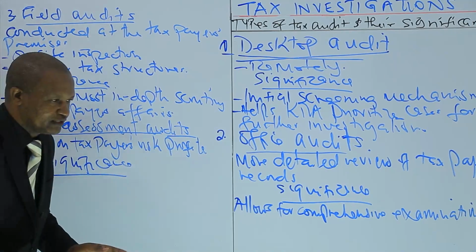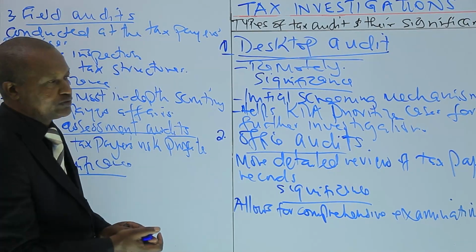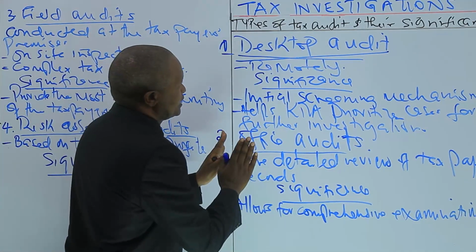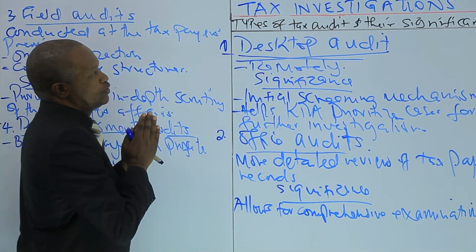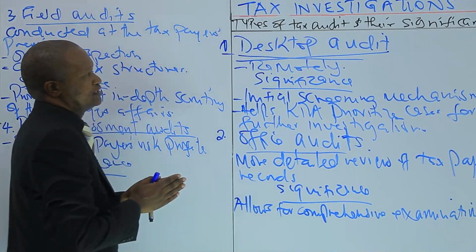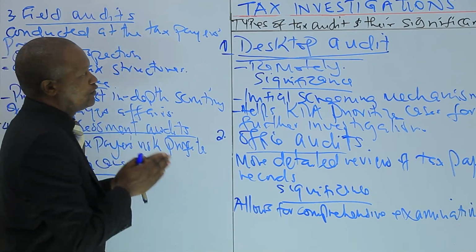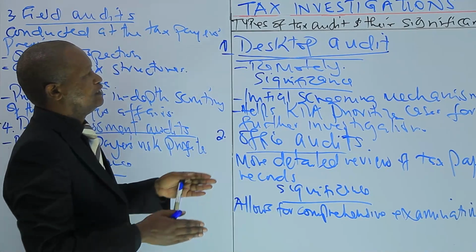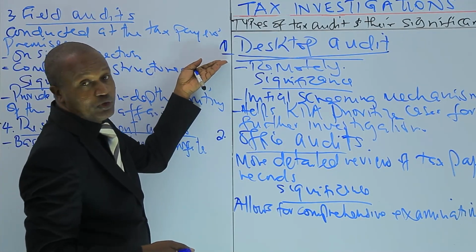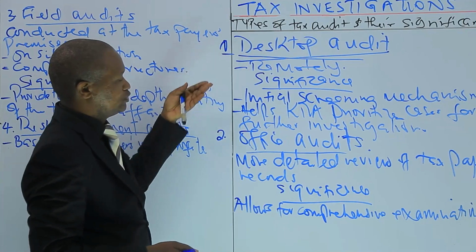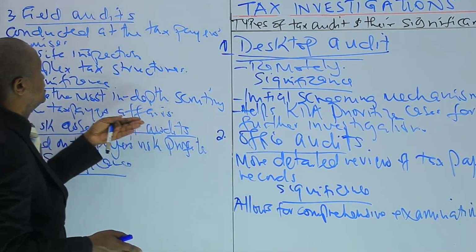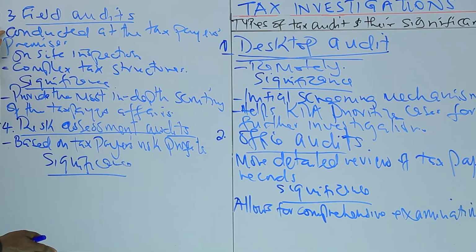And that will mark the end of today's lesson, where we sought to discuss the types of tax audits and their significance. We've identified 4 major types of tax audits in Kenya. The first one being desktop audit. Number 2, office audit. Number 3, field audit.